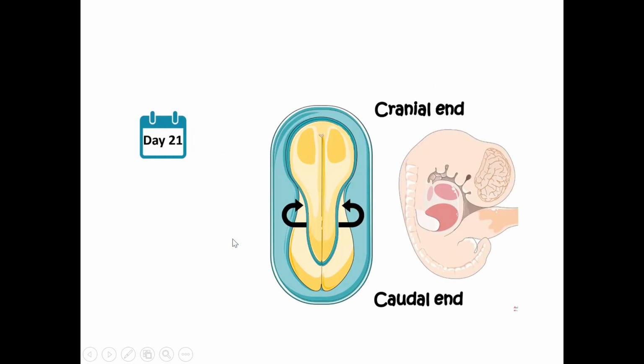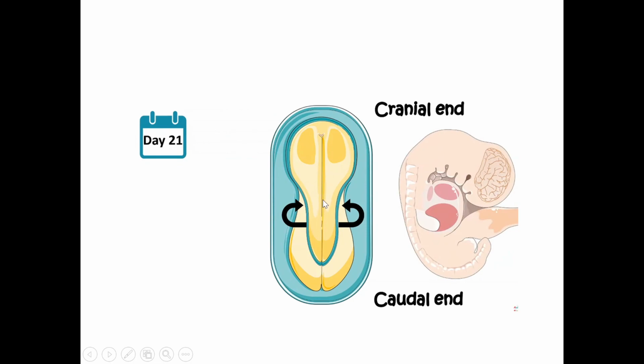Now, to form an entire tube, the ends of the groove meet, or join together, and form the tube. As you can see in the pictures, the groove develops, and then these folds, or the ends, meet, and then they form a tube.